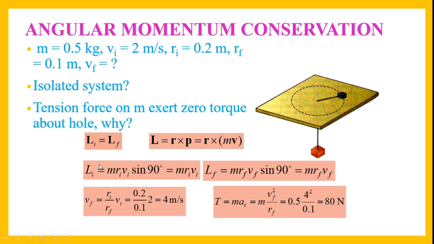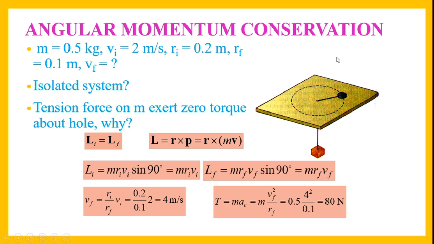As this is a cross product, we have to consider the sine of the angle between these two vectors. Hence Li is equal to m into Ri into Vi, sine of 90 degrees, since both are perpendicular to one another. That means we get m Ri Vi.